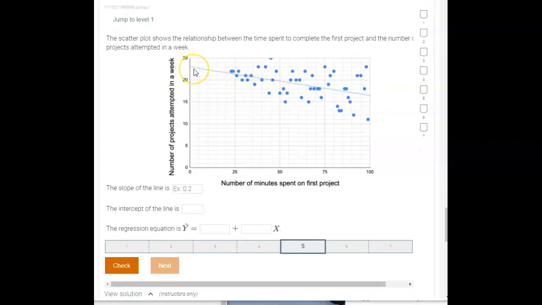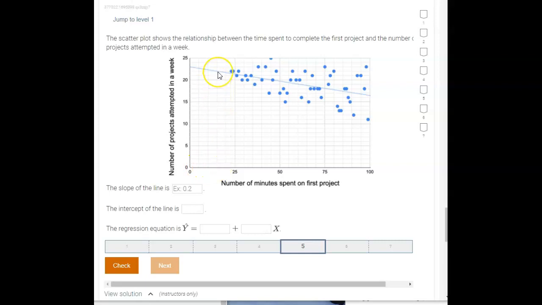And this one would be very similar. I do want to point out something I mentioned in the last video. We're looking for points on the line. You actually don't need it to be a point on the line. You just need to see where the line crosses really nice coordinates. So for example, like I could use this point right here where x is, are we counting up by 5s here? 5, 10, 15.